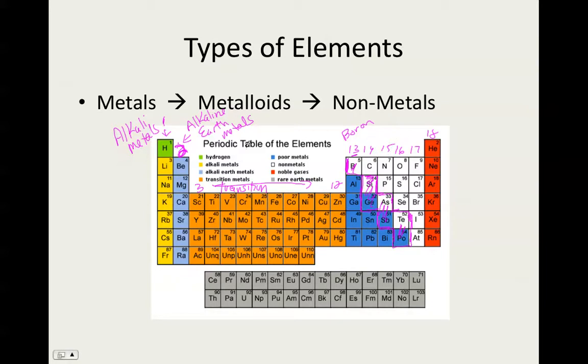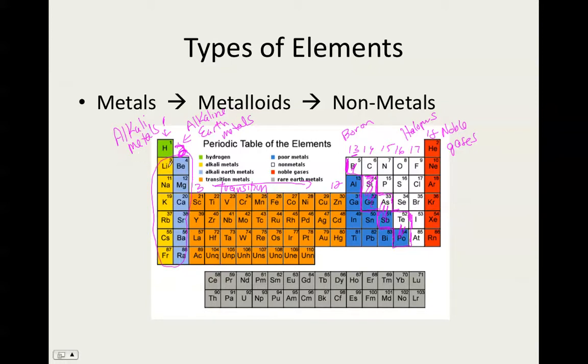Now, the nitrogen group, 5 valence electrons, oxygen group, 6 valence electrons, and now we have the halogens, which have 7 valence electrons, and the noble gases. Now, when we talk about reactivity on the periodic table, the alkali metals and alkaline earth metals are the most reactive metals.